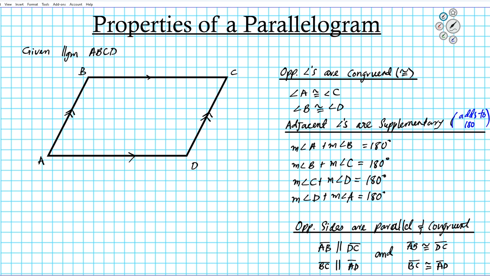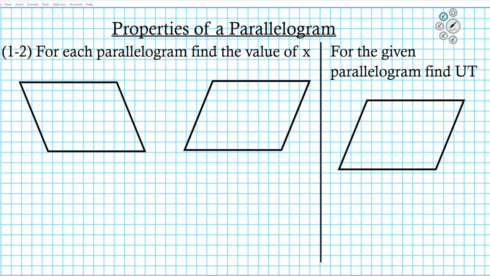Okay, so let's go ahead and take a look at some practice problems. Let's take a look at 1, 2, 3. For all these problems, these are all parallelograms. For 1 and 2, we're going to find the value of x.